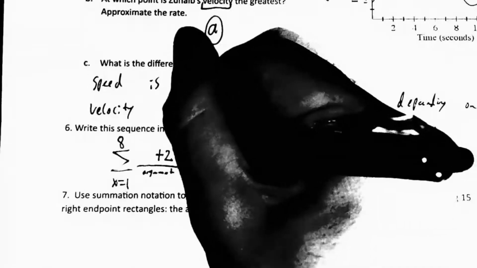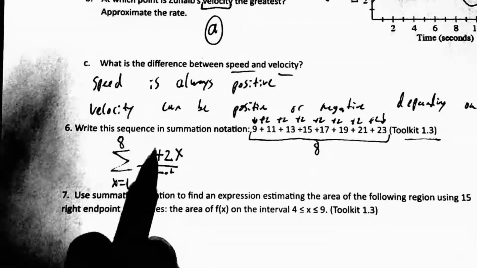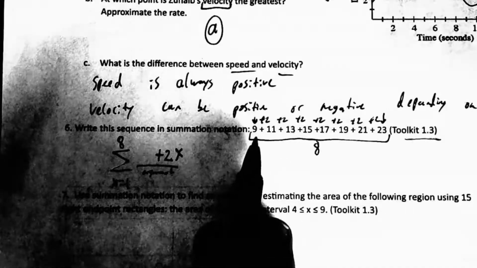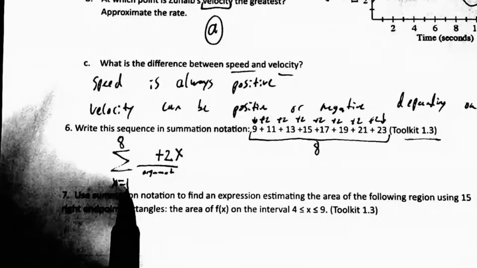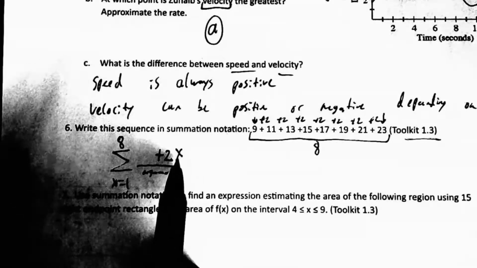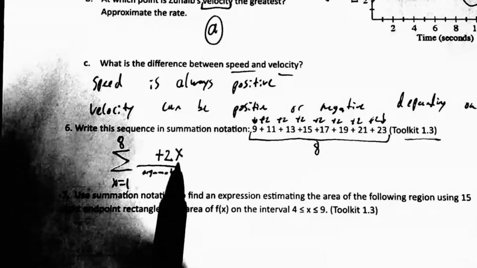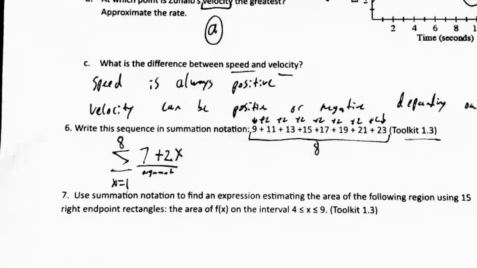Every time x goes up, I want to increase 2. And then what do I start at? Well, here, it looks like I start at 9. But here's the thing. Your first value, you're going to plug 1 into this equation, right? If I plug 1 into this equation, I'm already at 2. So I don't want to start at 9. I actually want to start at 7.